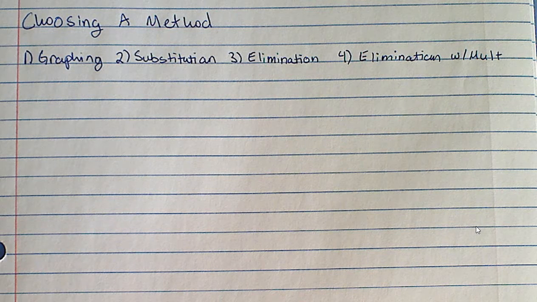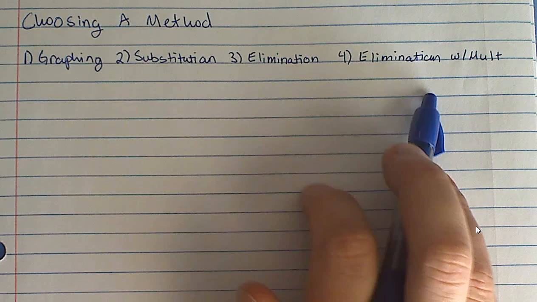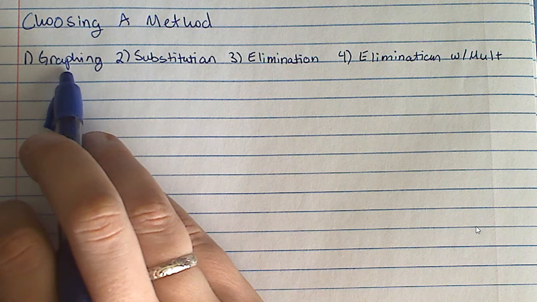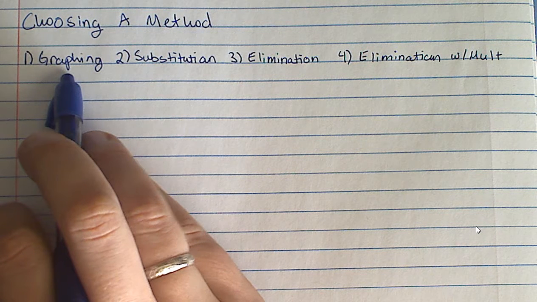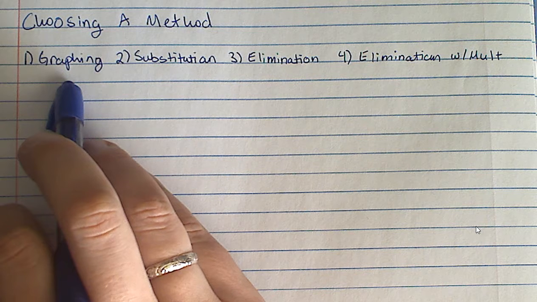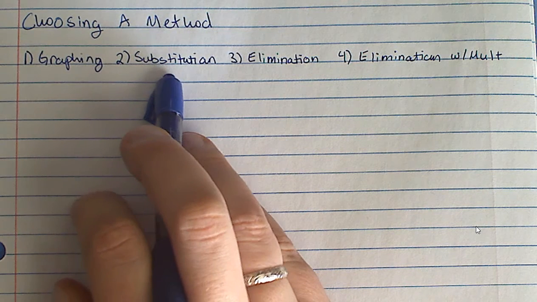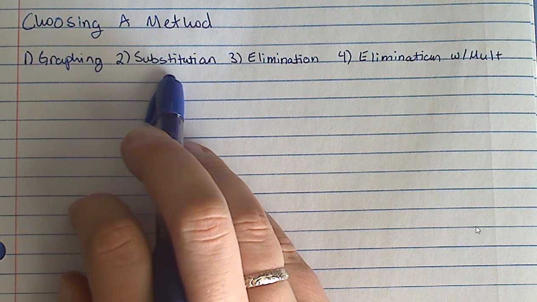for example, as we went through these methods, I'm sure some of you liked some more than the others. How many of you liked the graphing method? Raise your hand. One person? That's about what I expected. How many of you liked using substitution? Nobody?